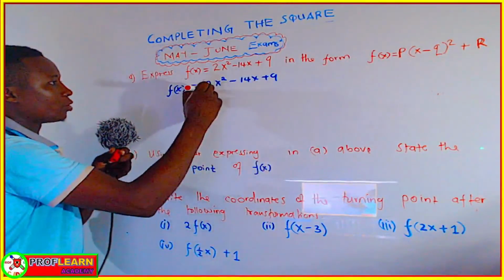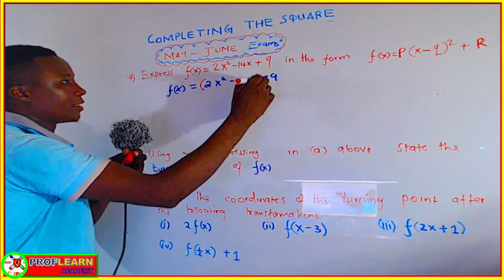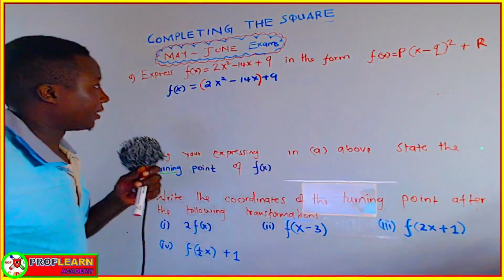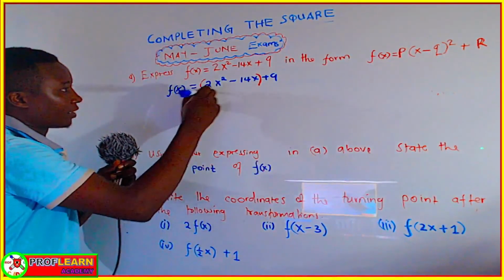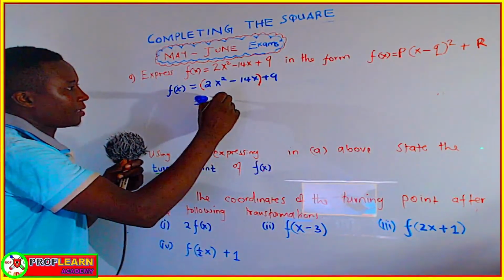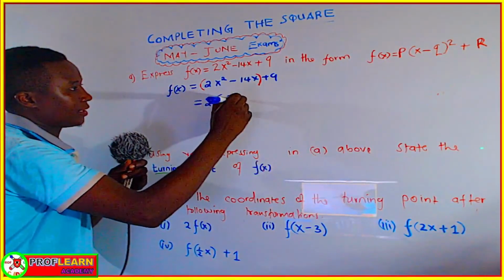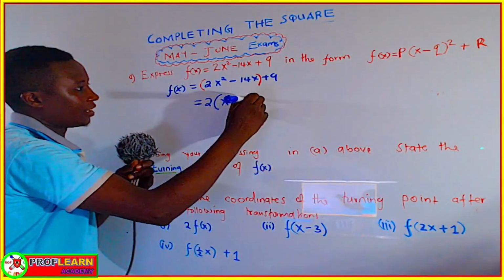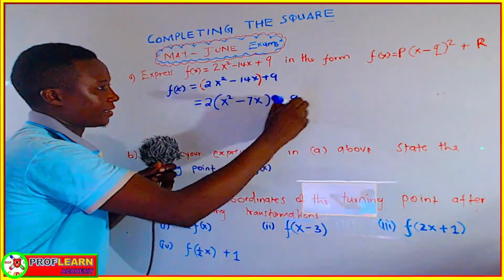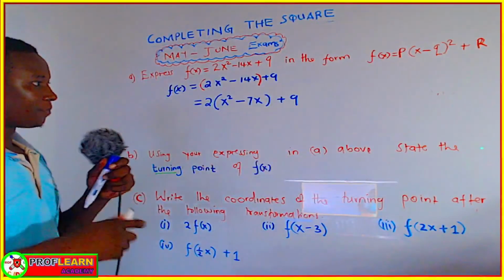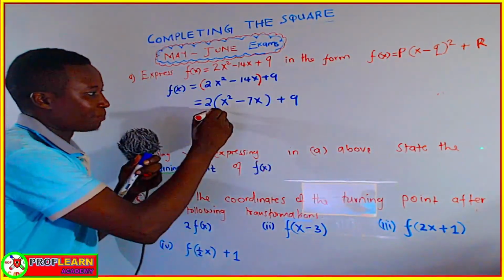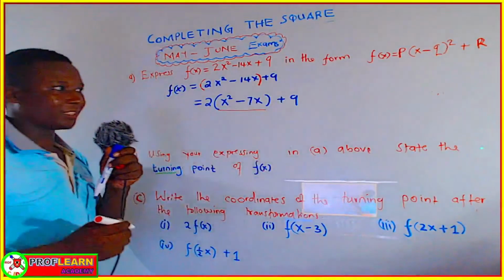So we're going to introduce brackets at this point so that we can factor out the factor that is common here. This is going to be 2. Then we shall remain with x squared minus 7x, then we shall have our bracket, then plus 9. Once we have done this, remember the part that we need to complete the square is this part here.